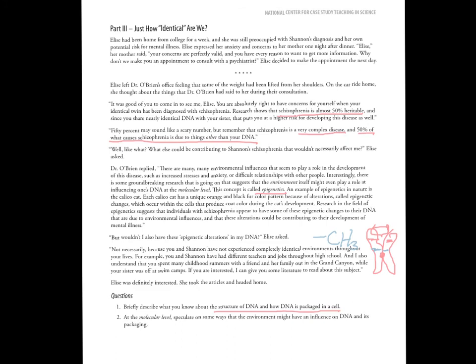So the person could be destined to get schizophrenia, but something happens. They're exposed to some element or some molecule or some UV light, or they swim in the right ocean or something. They're exposed to some environmental factor that methylates it, changes that gene, so that person doesn't get it, although they might have gotten it.